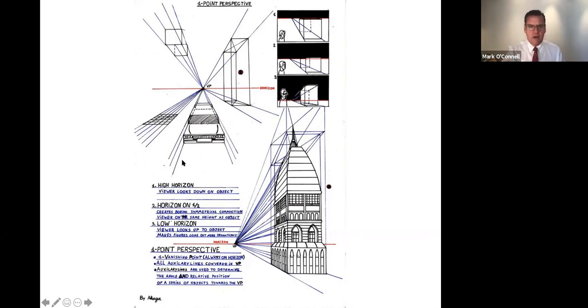Like you see that car, they've added some detailing to show you it's a car. If this was a more circular car, you just would round things out within that rectangle box. So if it's not a box, then you just create a box and draw your shape inside it, and the orthogonals will squeeze your shape as it recedes from you. Okay, even if it is not a geometric hard edge shape.